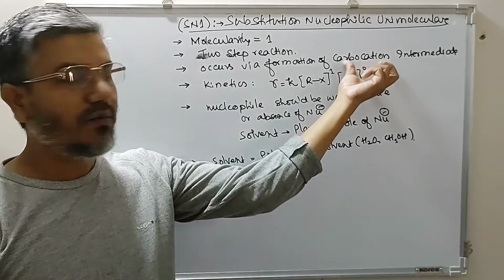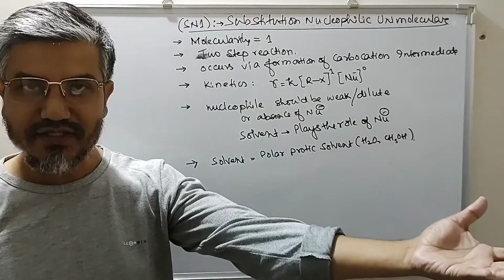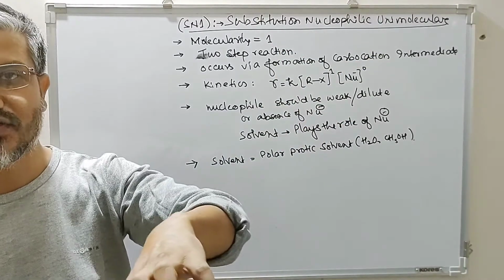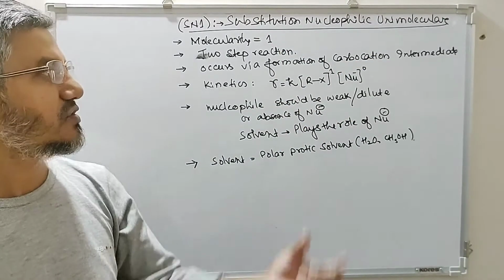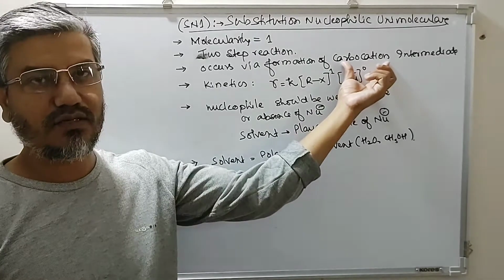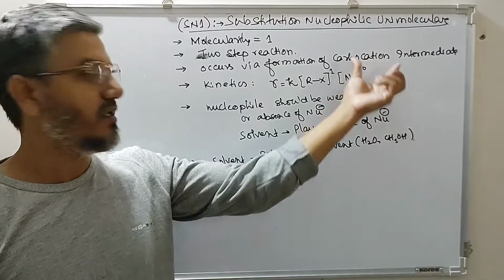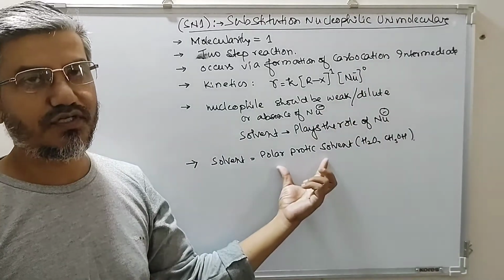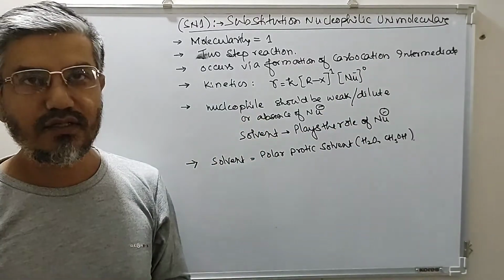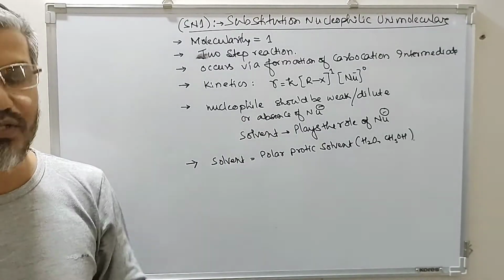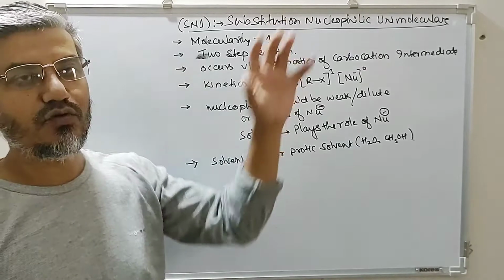So these carbocations should be stabilized by solvent. Now these being positively charged, we need to have a polar protic solvent. So this polar protic solvent will stabilize this carbocation. So to increase the stabilization of carbocation, we need to have a polar protic solvent. So polar protic solvent or the polarity of solvent plays a very important role in SN1 mechanism.